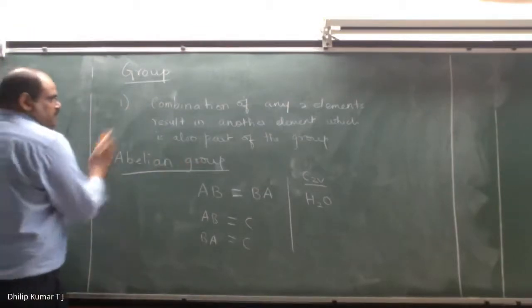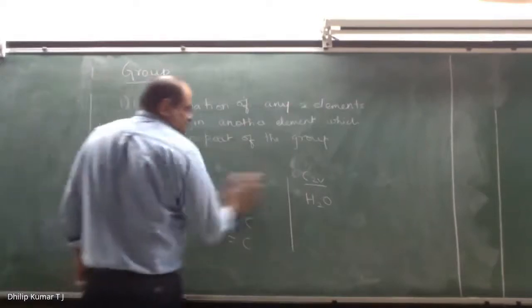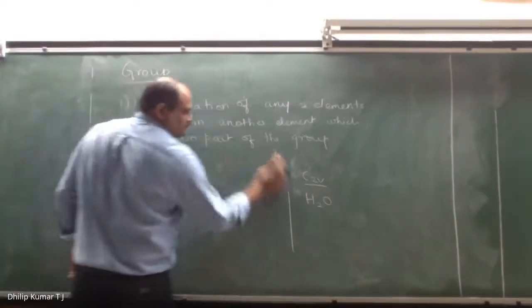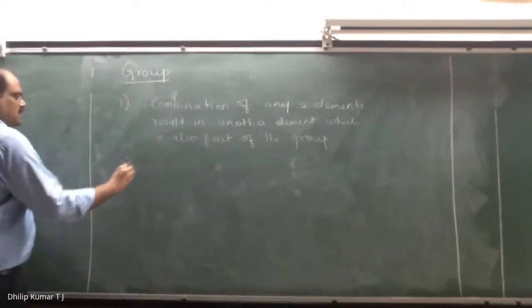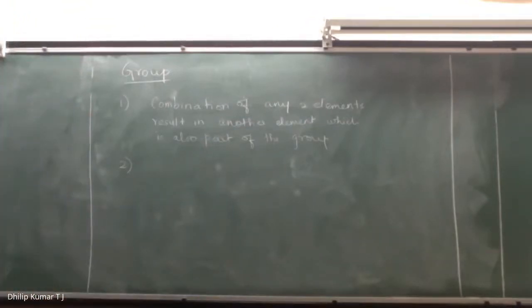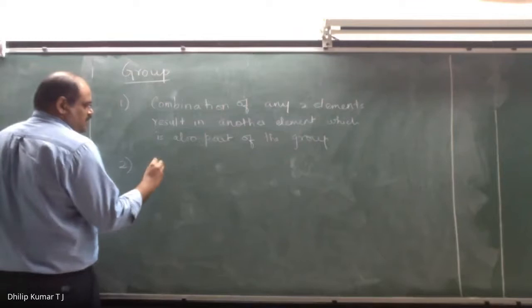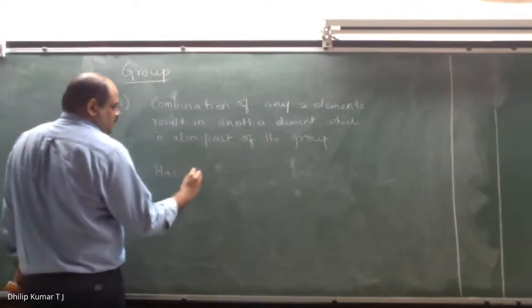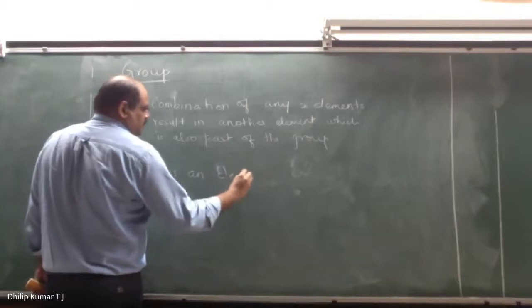So this is the outcome of the first property. Second, every group has one element which commutes with every other element.